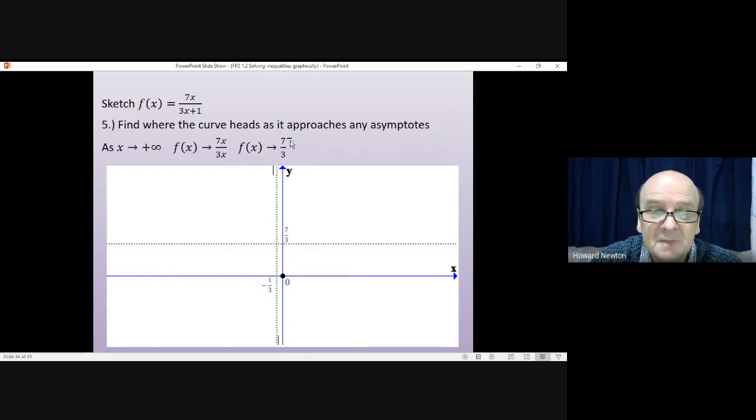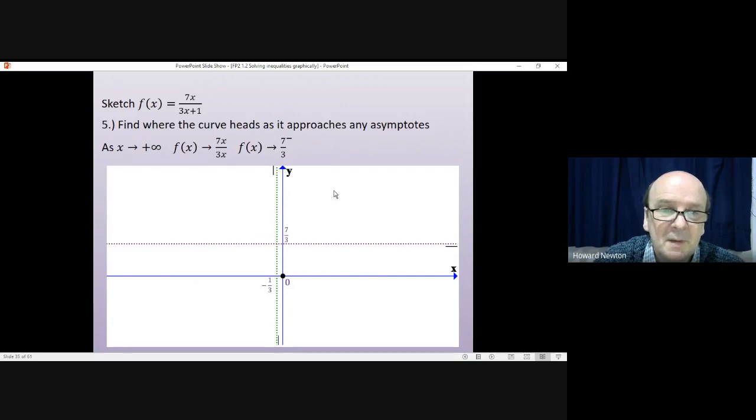The consequence of that is we need this minus here. So as x tends towards plus infinity, the function does tend towards 7/3, but from below, from beneath it, it'll always be a little bit less than 7/3 because of this 1. Putting that on the graph, we'll just draw a little black line here that shows as x is tending towards plus infinity, the function is tending towards the asymptote from beneath, from underneath the asymptote.